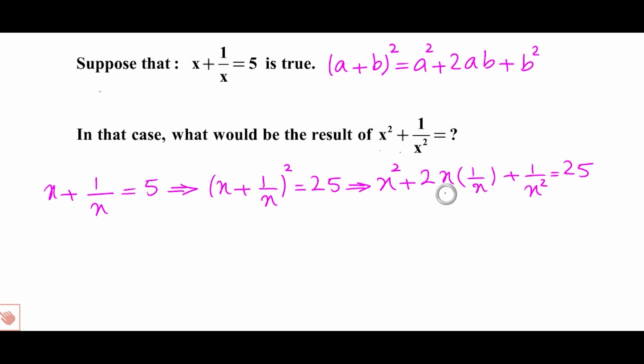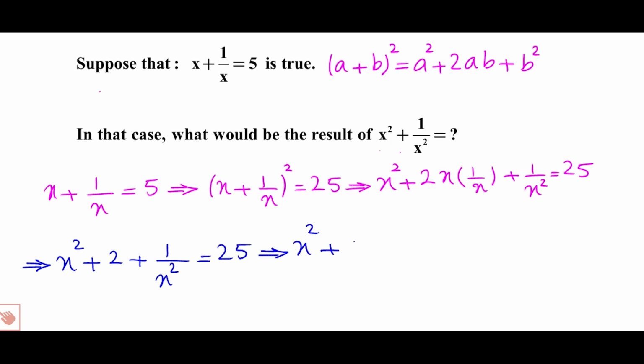And since x times 1 over x is just 1, the middle term becomes 2. Okay? So we get x squared plus 2 plus 1 over x squared is equal to 25. So x squared plus 1 over x squared is equal to 25 minus 2, which is 23.